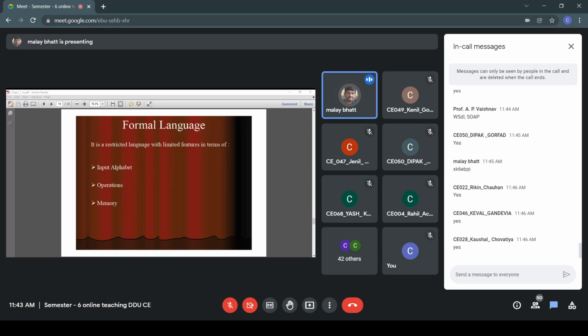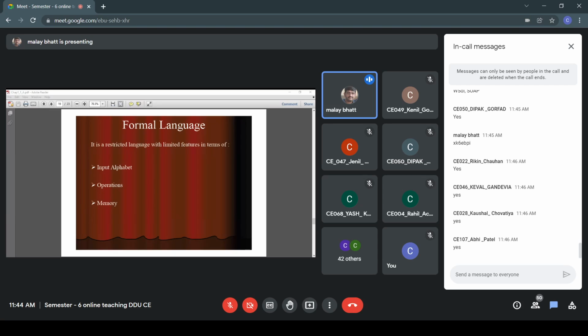Okay, so basically, a formal language is a restricted language with limited features in terms of input alphabet, operations, and memory. Normally when we consider our English language, our input alphabet is very large, right? We have special symbols, numbers, A to Z small letters, A to Z capital letters, right?